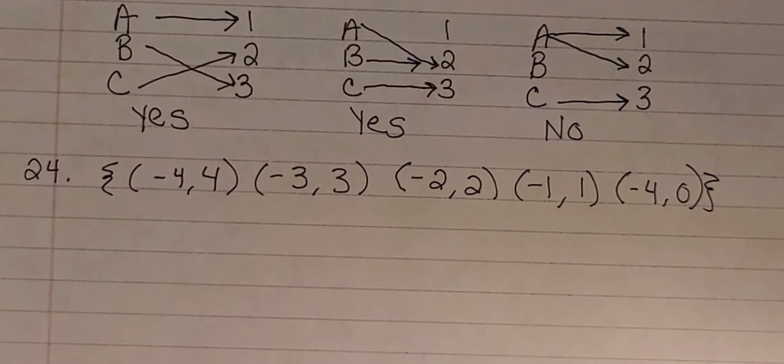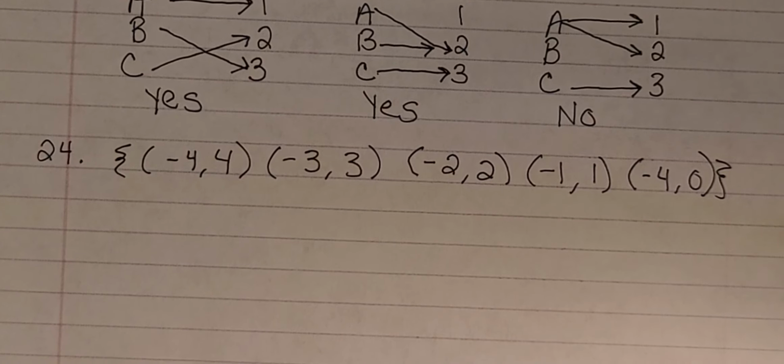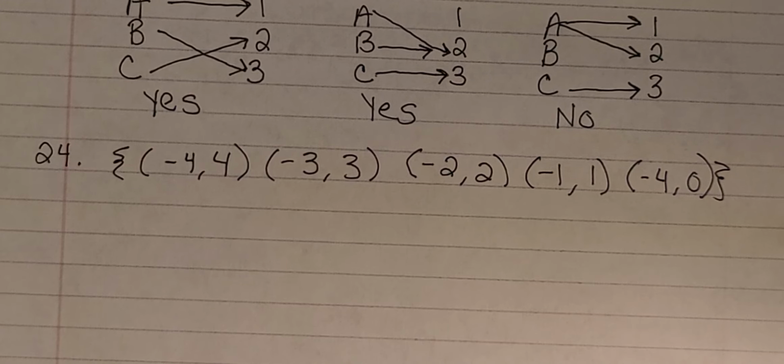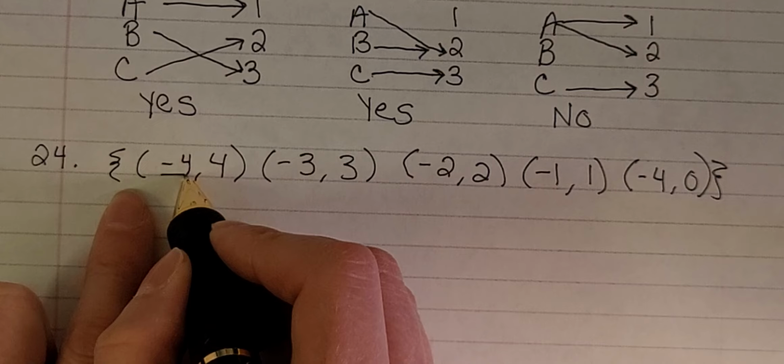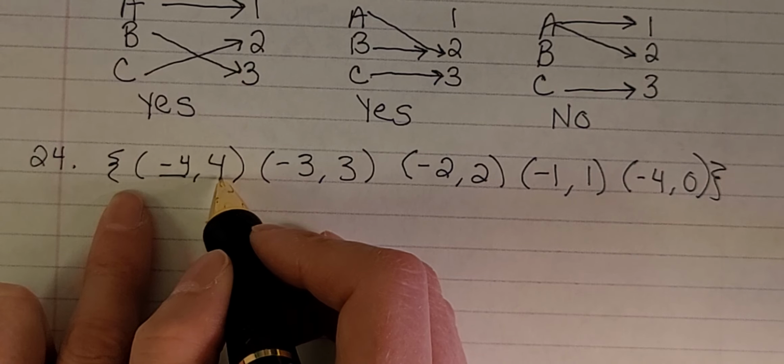Okay, this was the problem that they gave you on number 24. So you have to look at your inputs. So your inputs are your x's, your outputs are the y values.